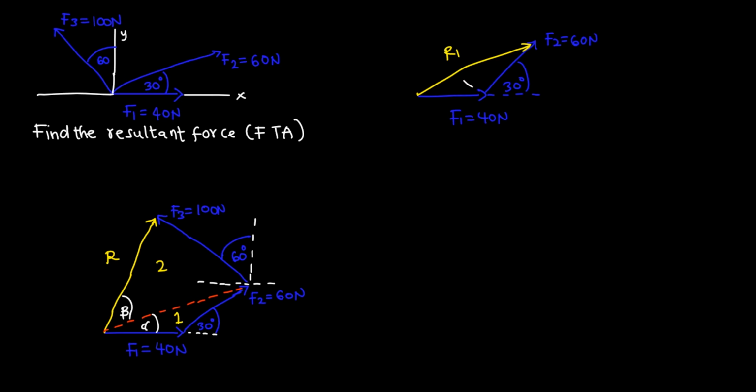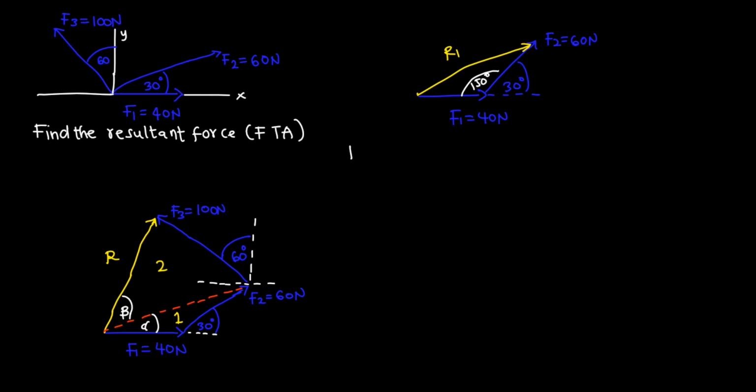We can calculate the angle here. We know that angles in a straight line sum up to 180 degrees. So when we subtract this 30 from 180, we get 150 degrees here, and that's the angle opposite to R1. So you can go ahead and find R1 using the cosine rule.